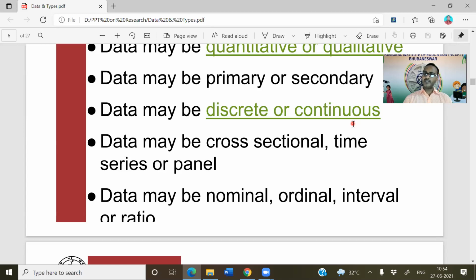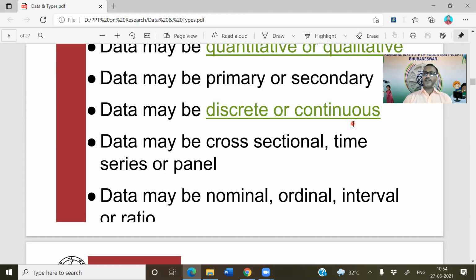These are also known as levels of measurement. Very fundamental concept in understanding statistics and data analysis. And you need to understand what is nominal scale, what is ordinal scale, what is interval scale, what is ratio scale, and what is its implication for data analysis.